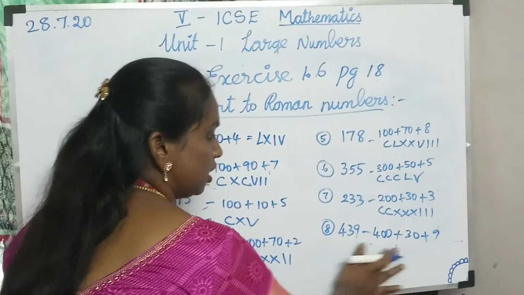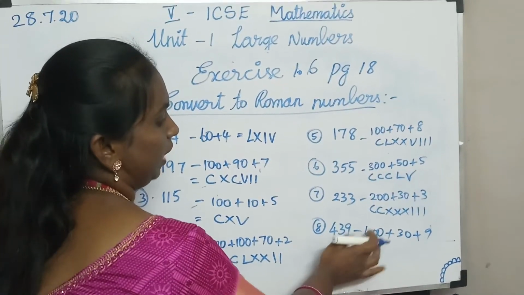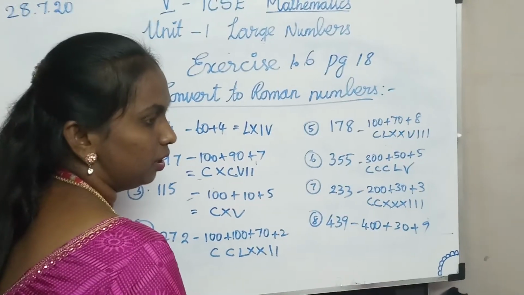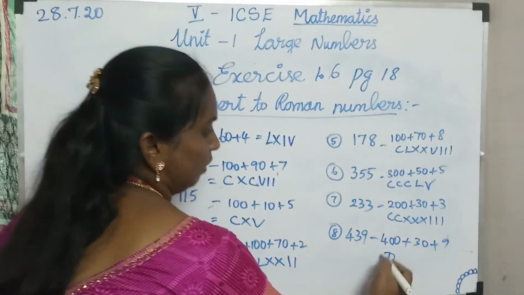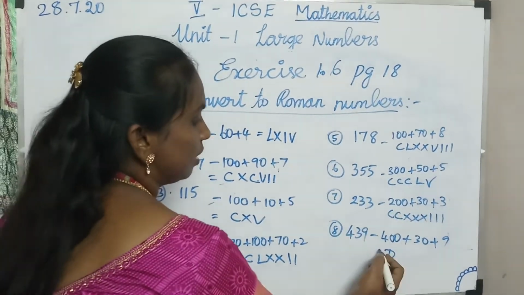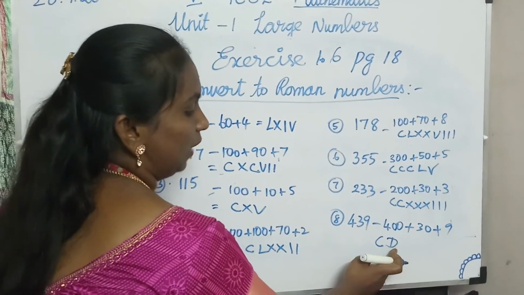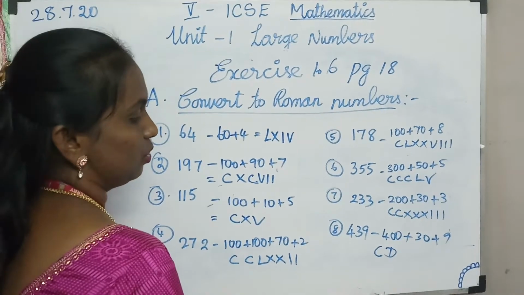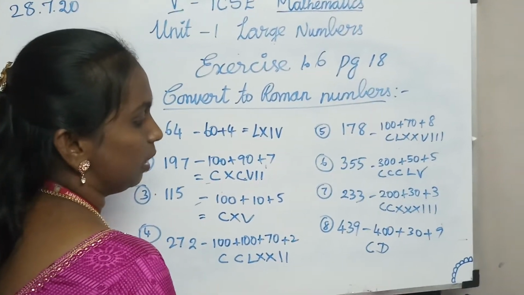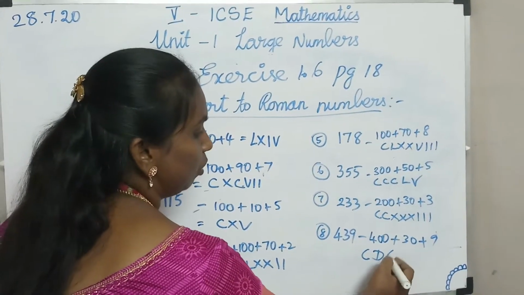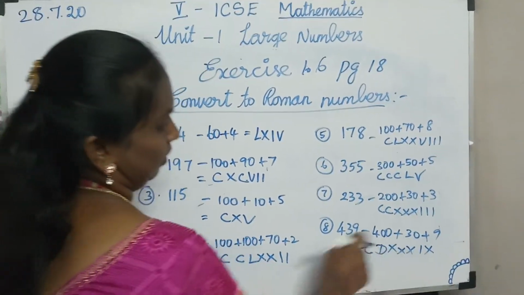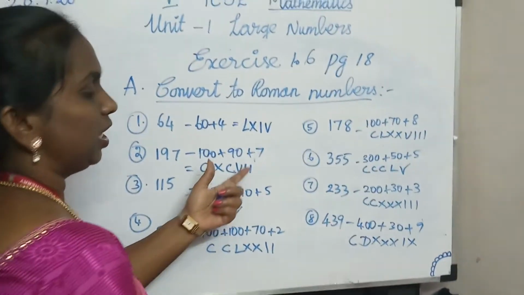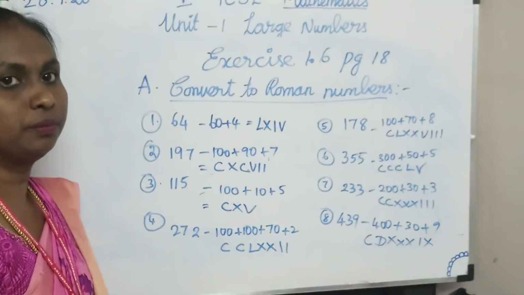So instead, we can use 500. What is the letter for 500, dear? D. Very good. D with C before it is 500 minus 100. So CD represents 400. 30 we know, X, X, X. 9 we know, IX. Can you understand, children? Remaining sums you can complete in the book.